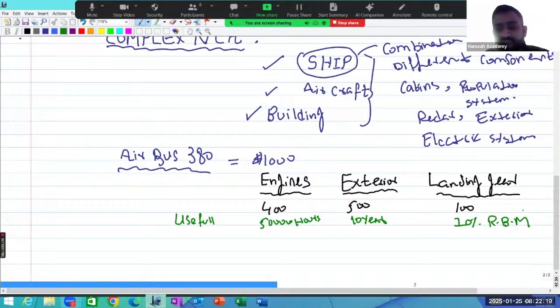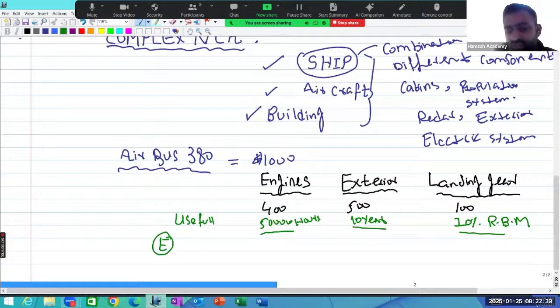Now, when I have to depreciate this Airbus, I cannot depreciate 1000 directly. I have to depreciate each component separately. So when I calculate the depreciation for the engine, that would be $400 million divided by 50,000 hours.